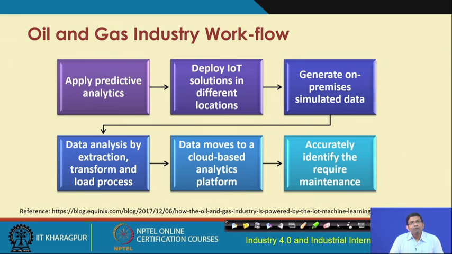So, based on that objective, different IoT devices, sensors, actuators, etc. are going to be deployed in different locations in the plant, also in different machines that are involved in the process, in the supply chain, and so on.